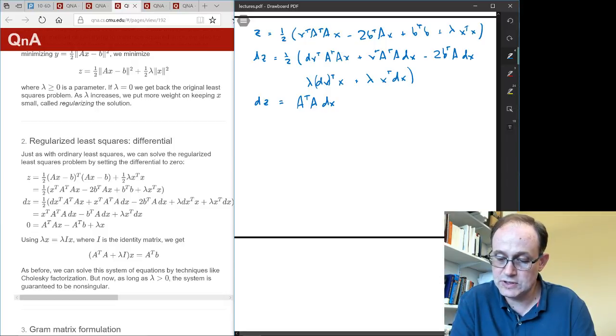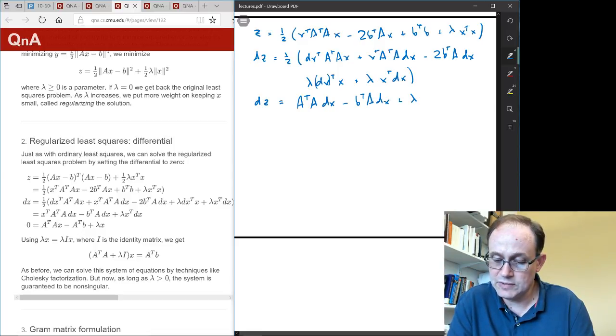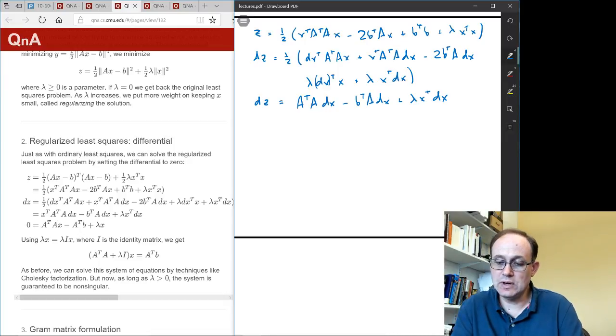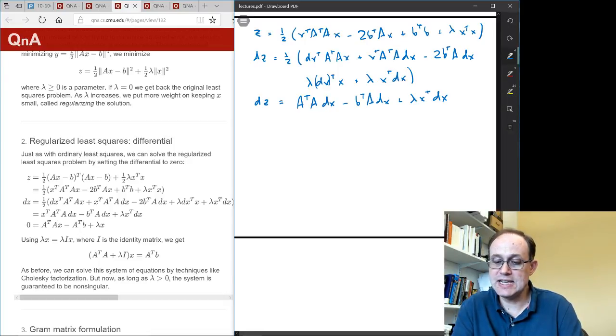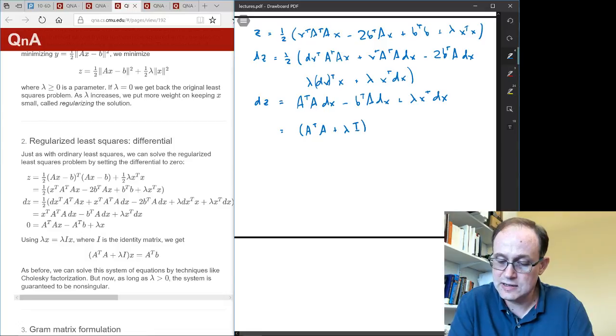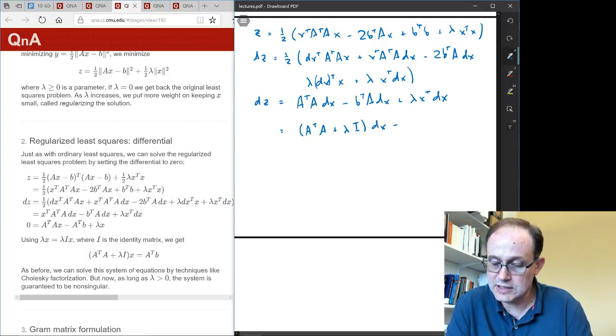That's these two terms, minus B transpose A dx plus lambda X transpose dx, right? And if we want to, we can factor out dx, using that x is equal to the identity times x. So you get dz equal to X transpose times A transpose A plus lambda identity dx minus B transpose A dx.